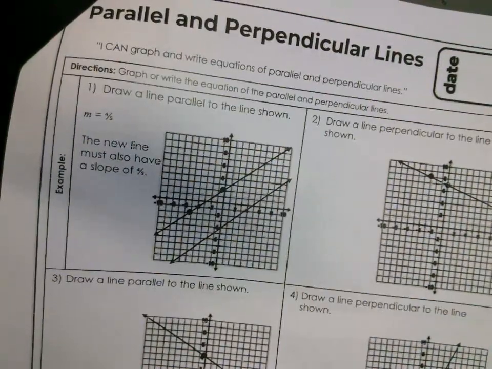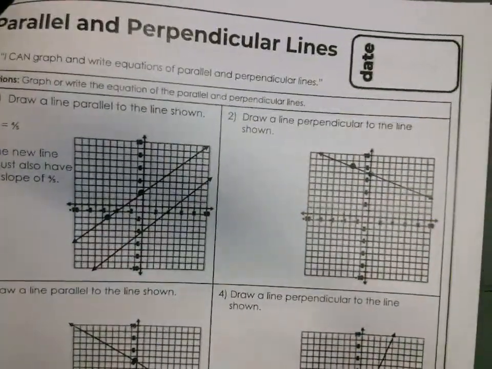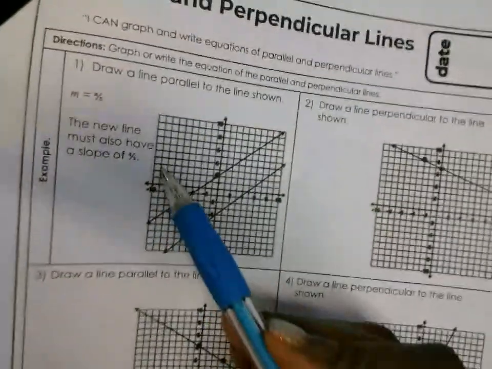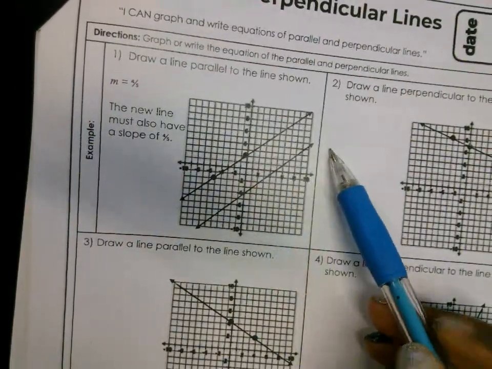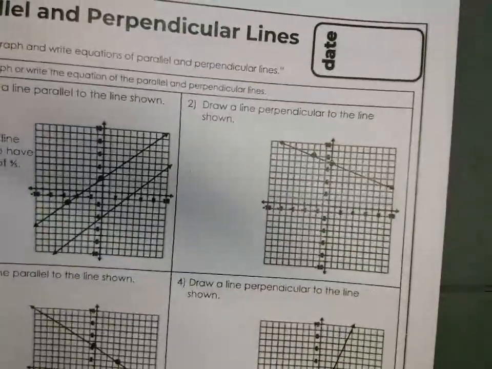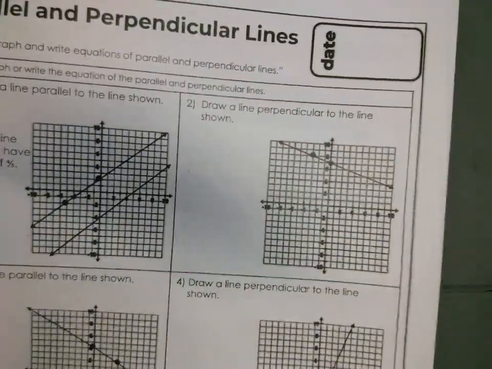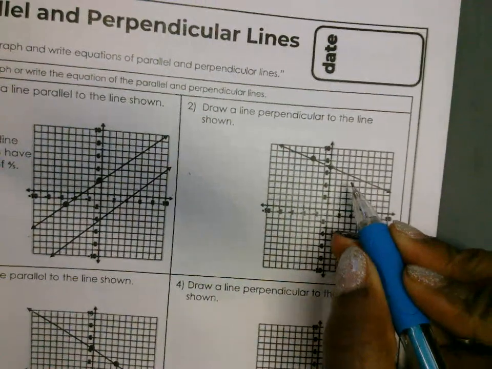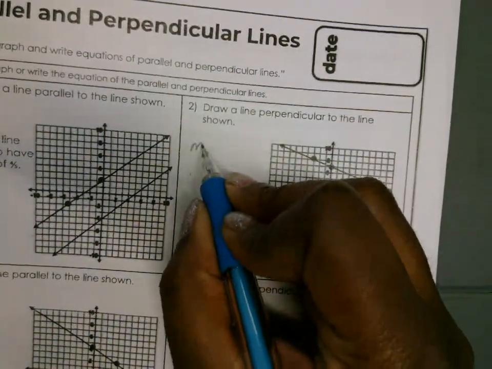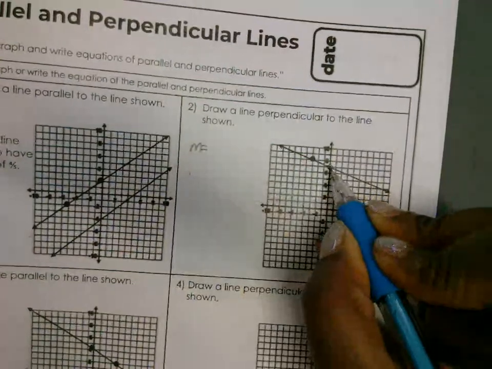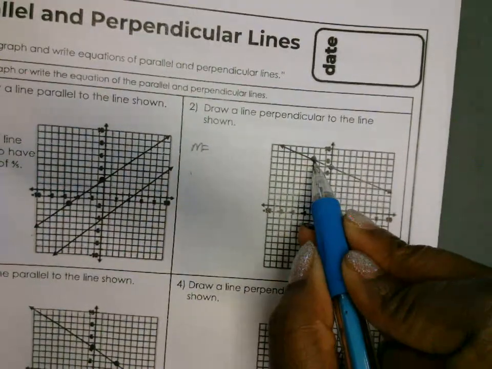All right, so let's look at this. We're going to draw a line that's parallel, which means they have the same rise over run. But first let's draw a line that's perpendicular. A line that's perpendicular means they have opposite reciprocal slopes. So we need to find the slope of this line here. The slope of this line is going to be negative 1 over 3.